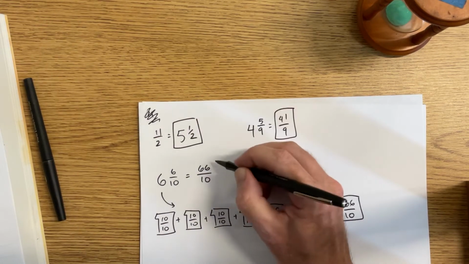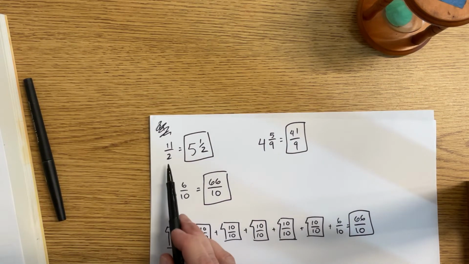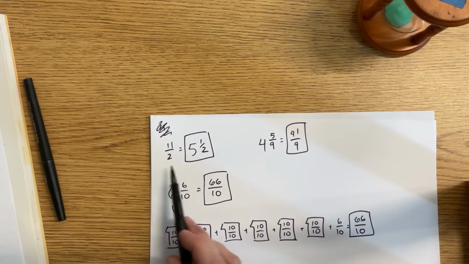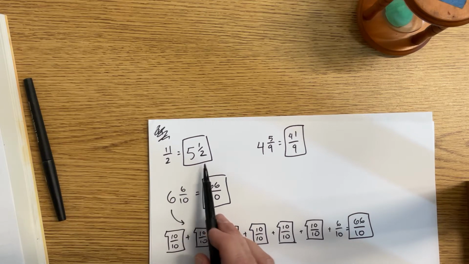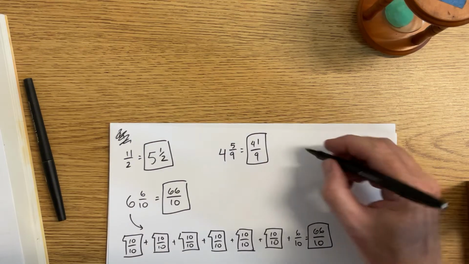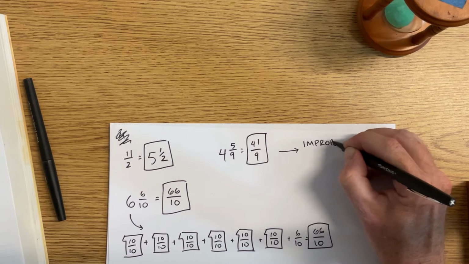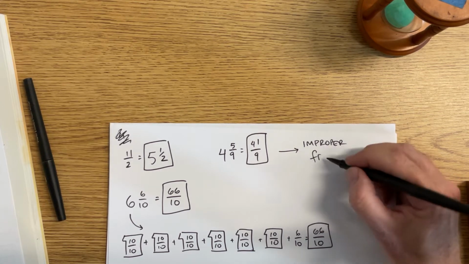So these are examples of how to turn fractions greater than 1 into a mixed number, and mixed numbers into fractions greater than 1. Some people call these improper fractions. I was actually taught that as a kid.